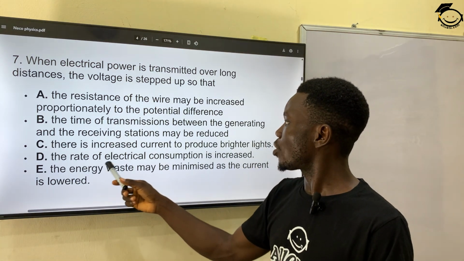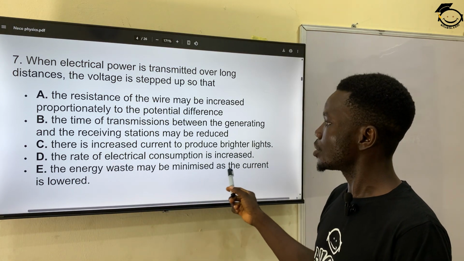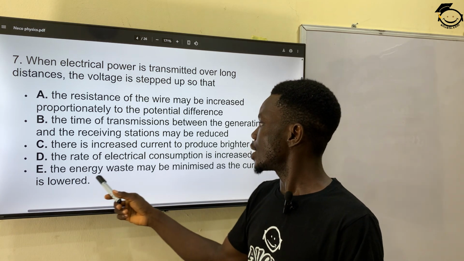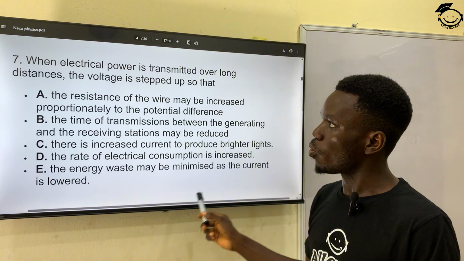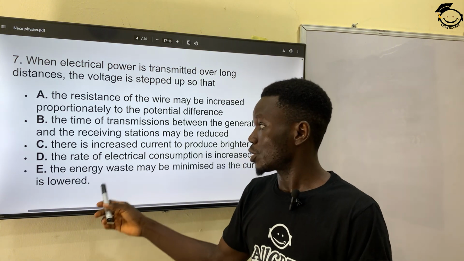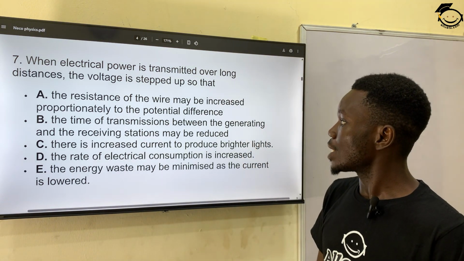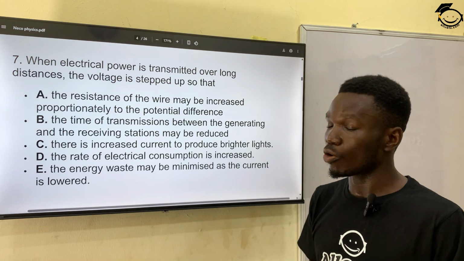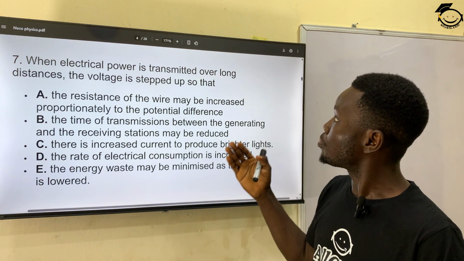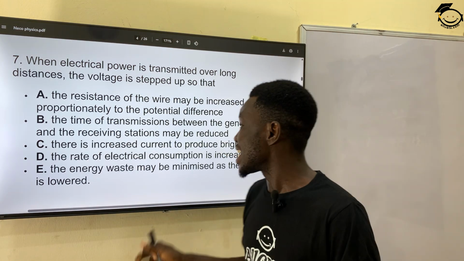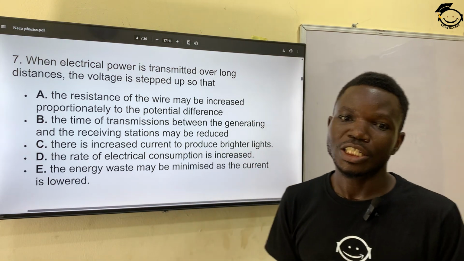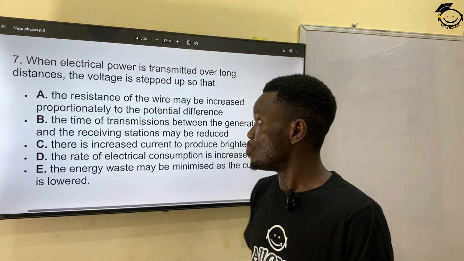Option D says the rate of electrical consumption is increased. Option E says the energy waste may be minimized as the current is lowered. The correct answer is option E. So whenever power is transmitted over long distances, the voltage is stepped up and the current is lowered so that energy waste can be minimized.